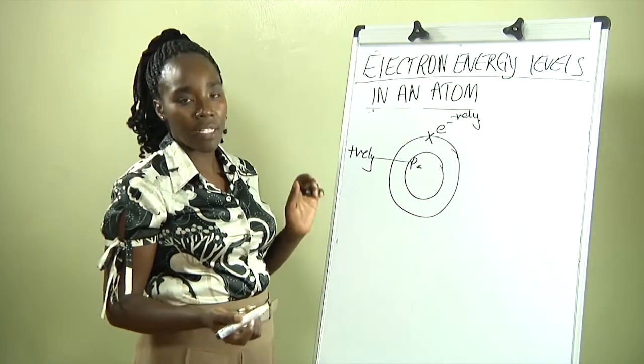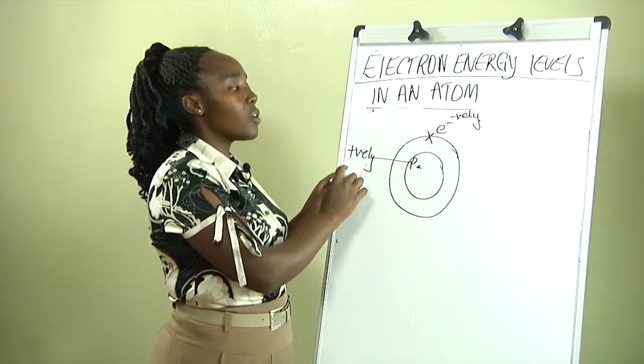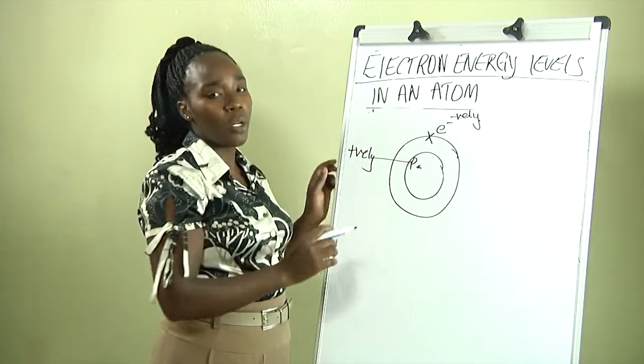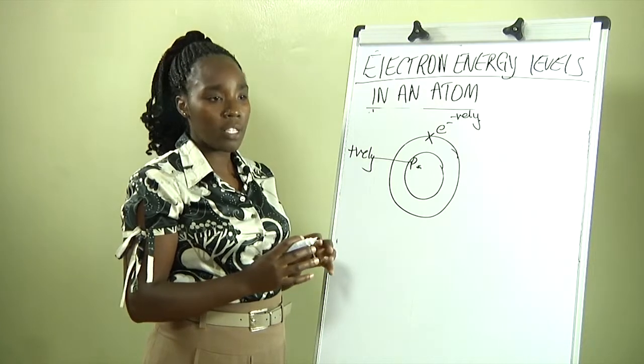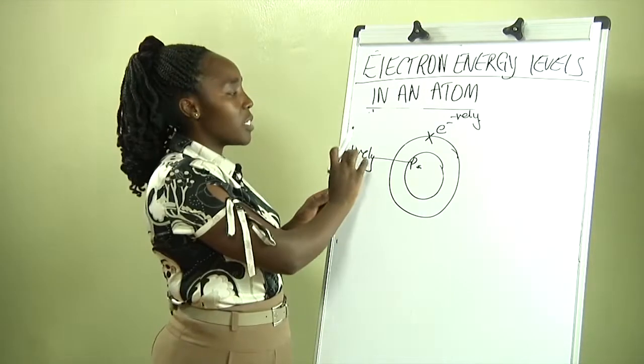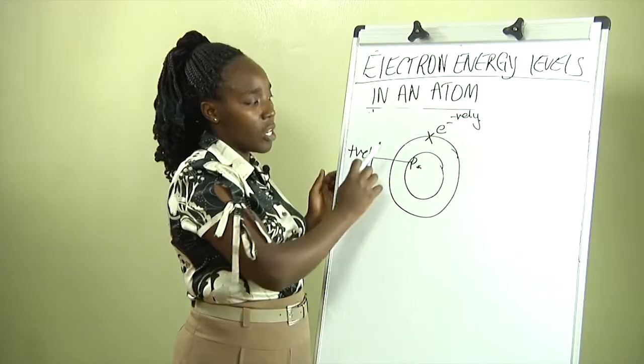We remember the fact in science that opposite charges will always attract while similar charges will always repel. So we have the positive and the negative, therefore they attract each other.